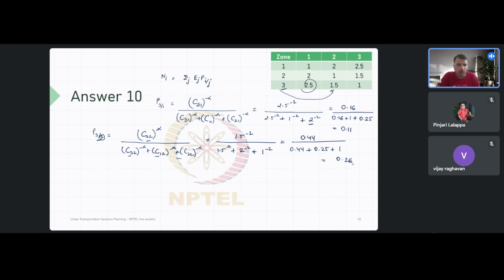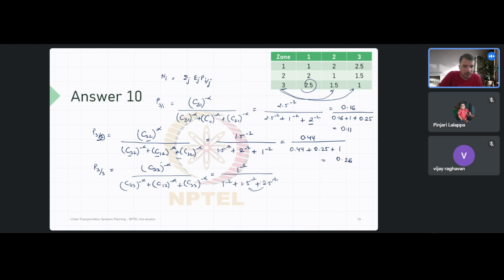Now we have one more, P33. So that will be C33 minus alpha, over C33 minus alpha, C13 minus alpha, C23 minus alpha. So this will be 1 power minus 2, 1 power minus 2, 1.5 power minus 2, and 2.5 power minus 2.